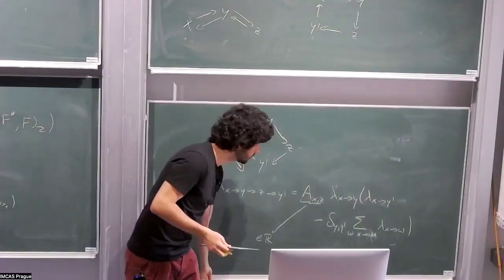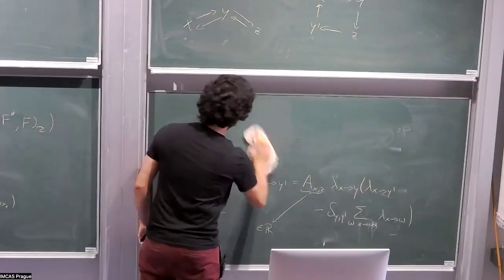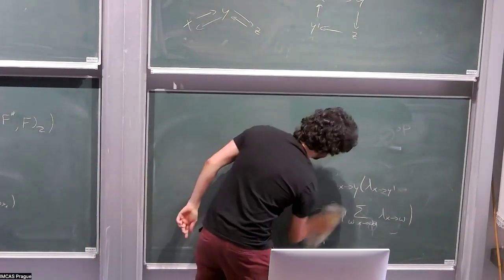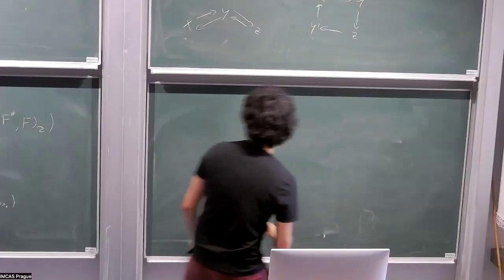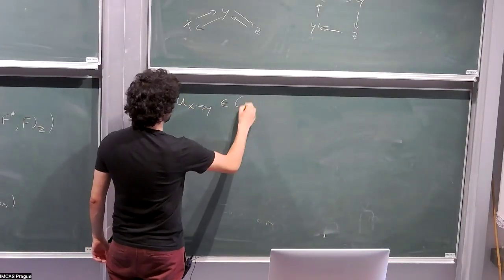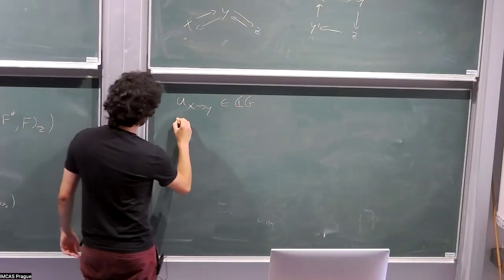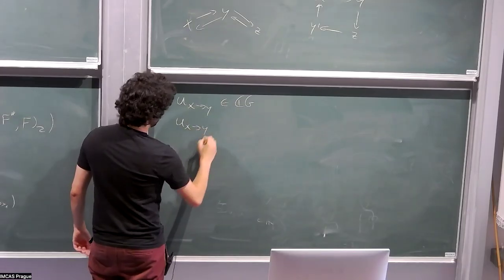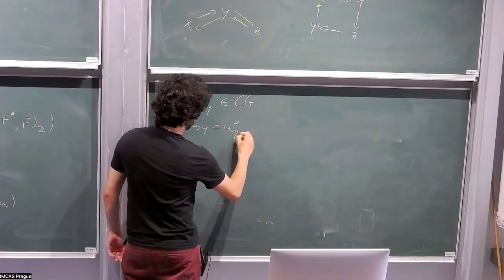One thing that I wanted to note here is that we're working with a group algebra, right? So we have u x to y in the group algebra. And the reality condition tells us that u x to y is just equal to u star of y to x.